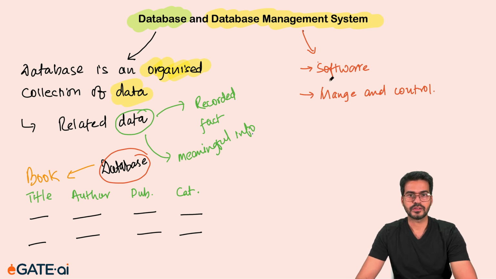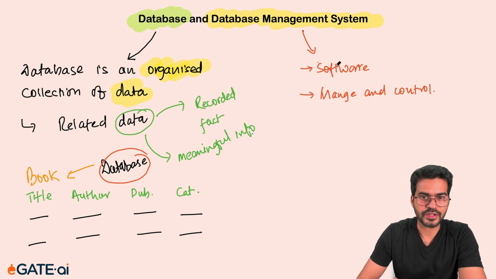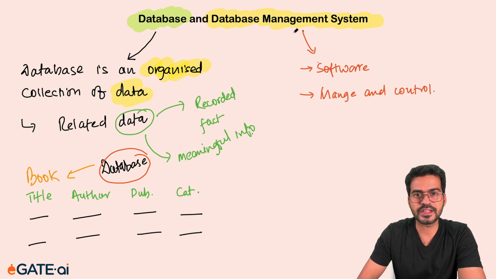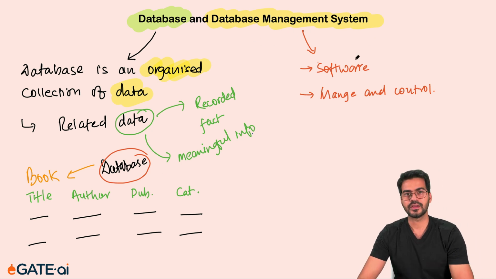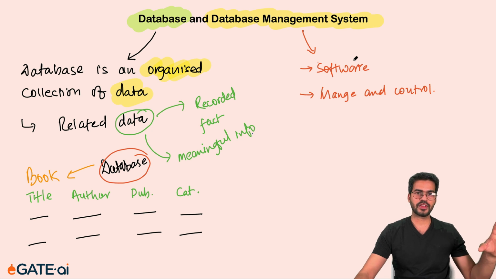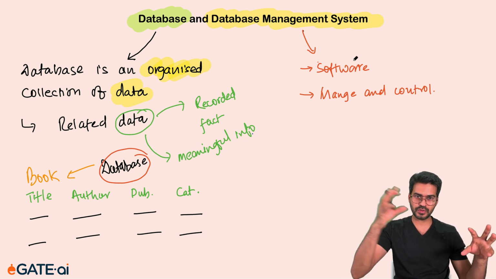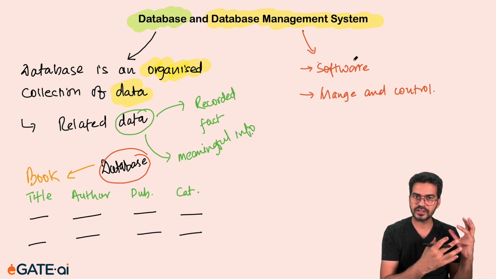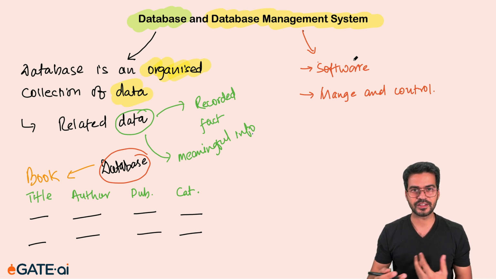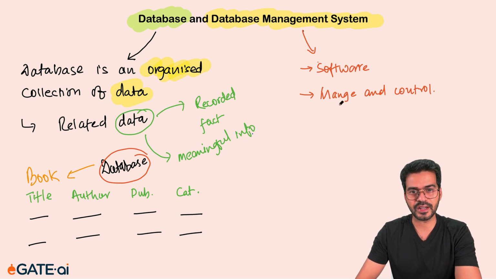A software which provides you better management and control over the database is a database management system. So it's more like you have a library management system. This library management system helps you better control or manage the library, right? So you can relate to it and remember it like this.